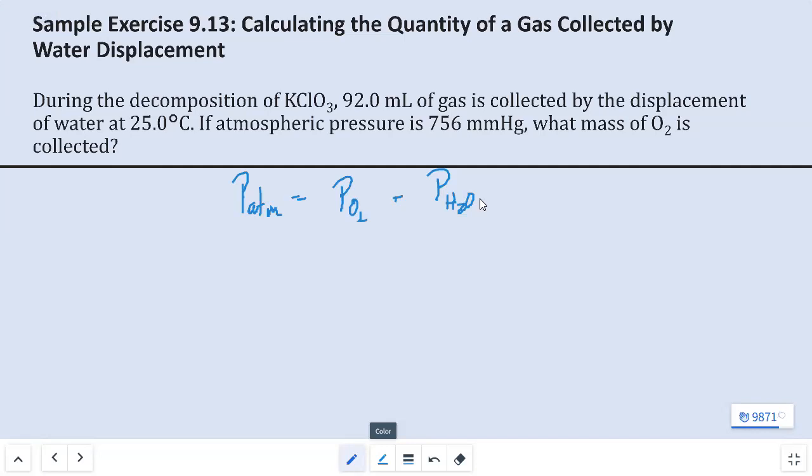What we need is the vapor pressure of water at 25 Celsius. And that is 23.8 millimeters of mercury.